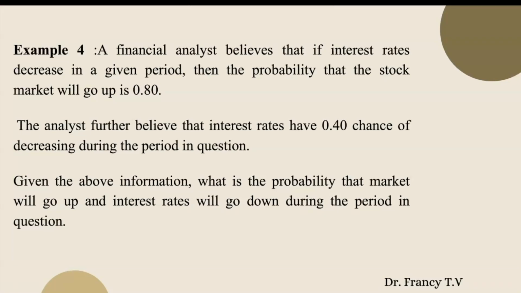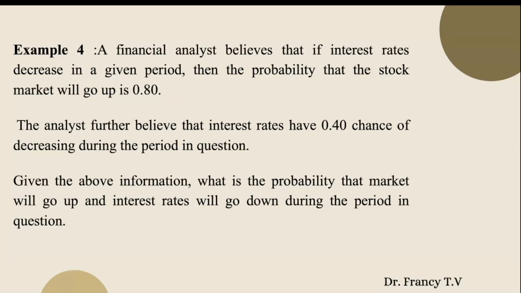Let us analyze the problem. A financial analyst believes that if interest rate decreases in a given period, then the probability that the stock market will go up is 0.80. So two events are there. One is interest rate decrease. The other one is stock market go up. So let us name it as A and B. A denotes interest rate decrease.